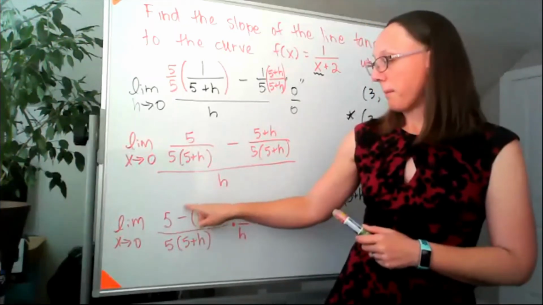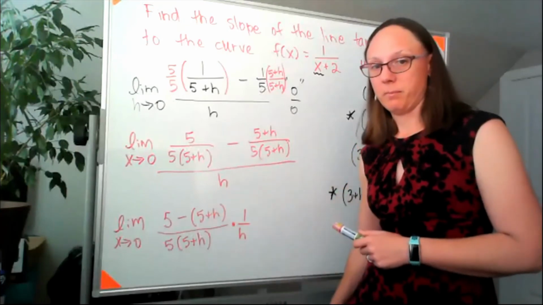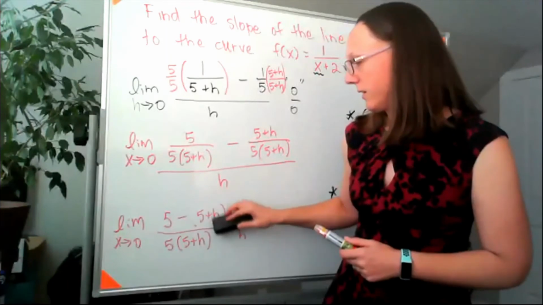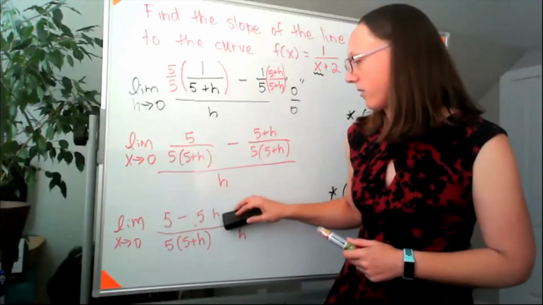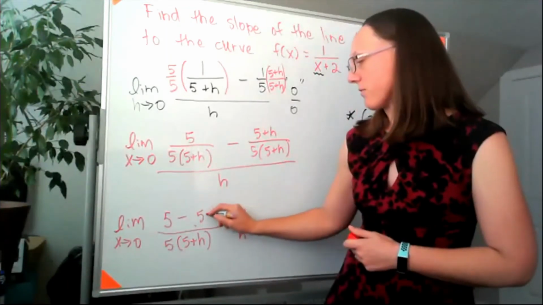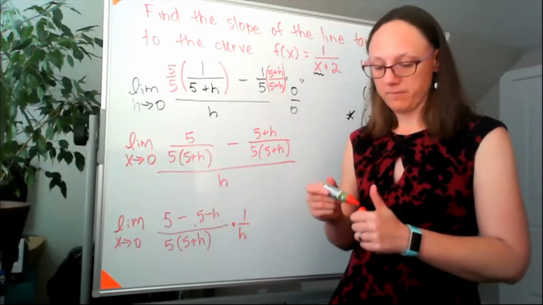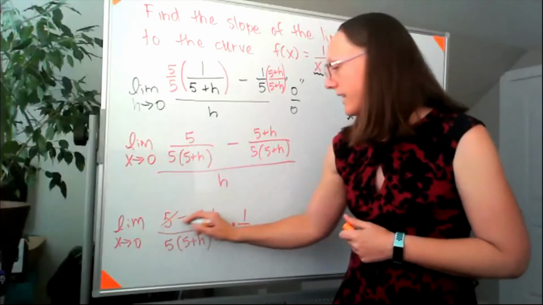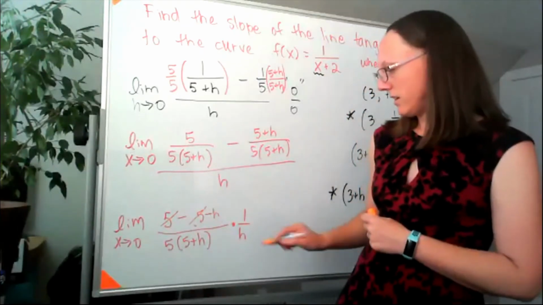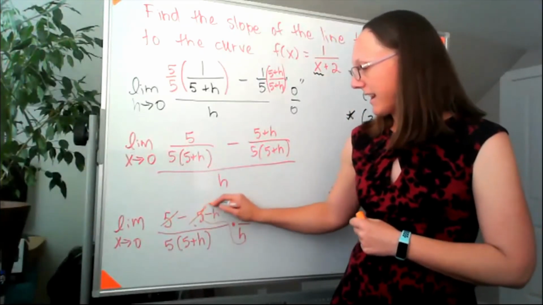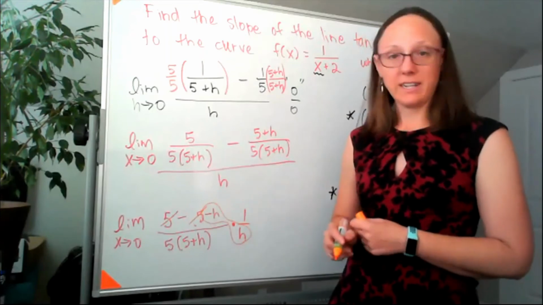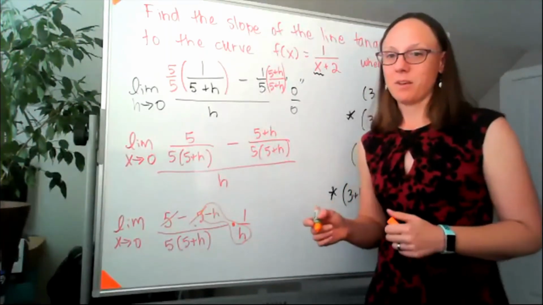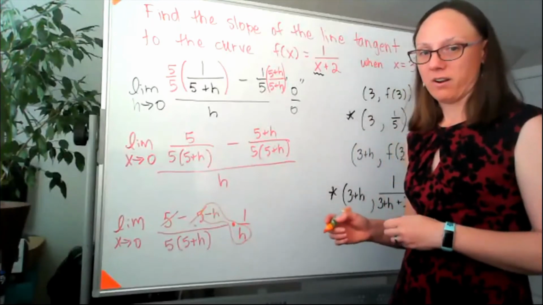When I distribute that minus sign out, I'm going to have minus 5 minus h, meaning my 2 5s cancel out, and that negative h over h isn't going to become a positive one, but it is going to become a negative 1.